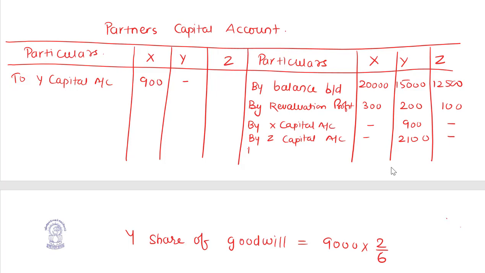Distribution of reserve fund: 3,000, 2,000 and 1,000 in the old profit sharing ratio.